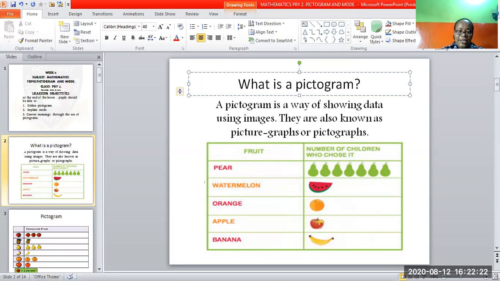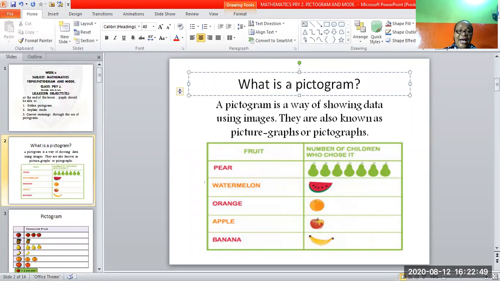Beautiful. What is a pictogram? A pictogram is a way of showing data using images. Do you get that? It's a way of showing data using images.